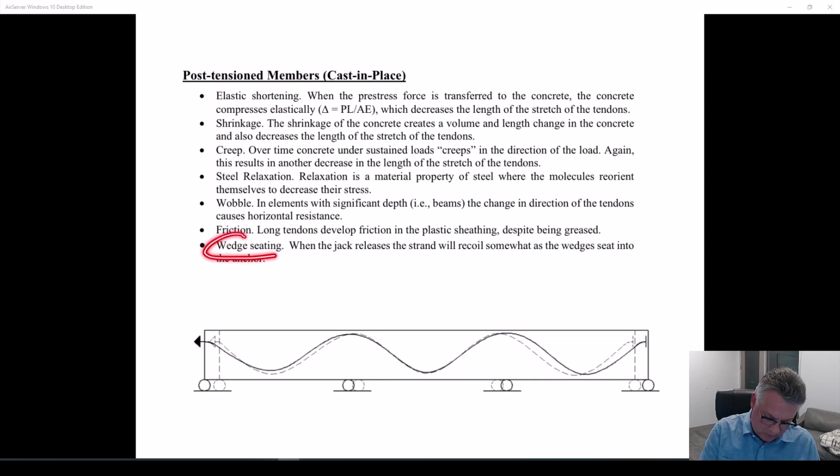And then finally we have wedge seating, which, if you recall that hydraulic jack pulling back, it has to pull back a little farther than it wants to allow the wedges to be placed in. The wedges then go in and the jack slides back a little bit. That engages the wedges in that anchor, but that process alone, just the seating of those anchors, actually decreases the stress slightly just due to that seating from the maximum jack stress that it was stressed to.